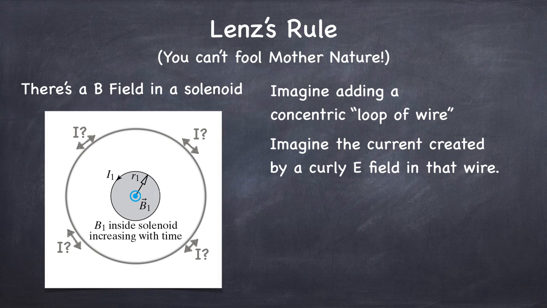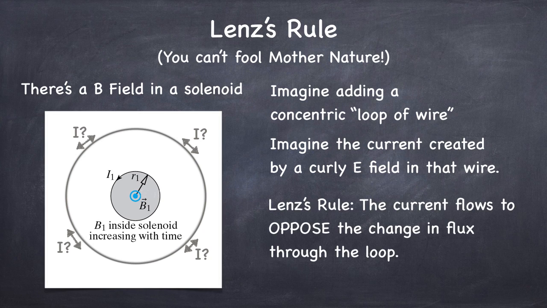In other words, if you make a change in flux, the induced EMF opposes that change. So Lenz's rule is that the current will flow in this imaginary wire in a direction to oppose the change in flux through the loop. So in this example, in order to oppose the increasing field in the solenoid, you want a field pointing into the page to oppose that increasing field.